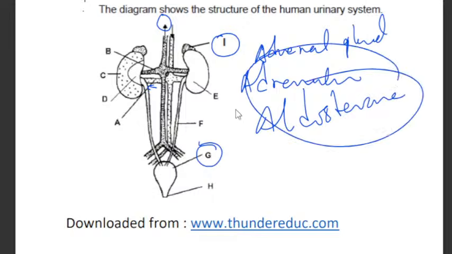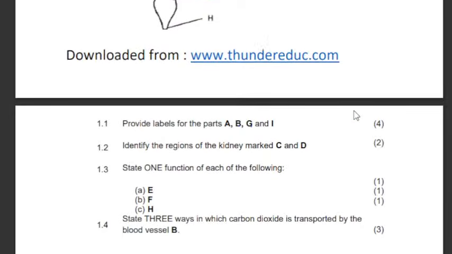It produces these two hormones, and we saw the functions of those hormones: adrenaline is for emergencies, while aldosterone is for reducing the amount of salt in the body.